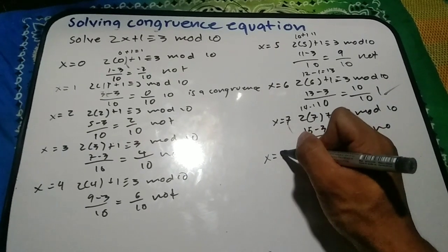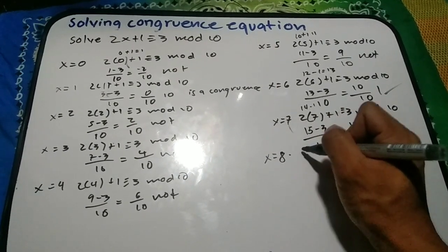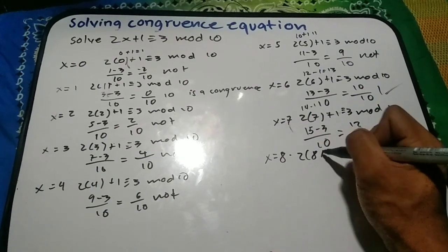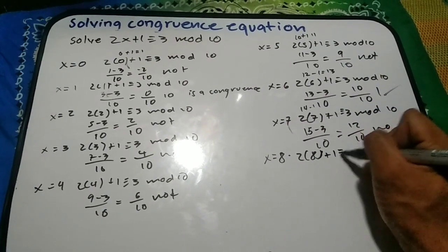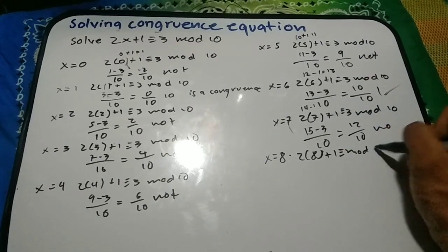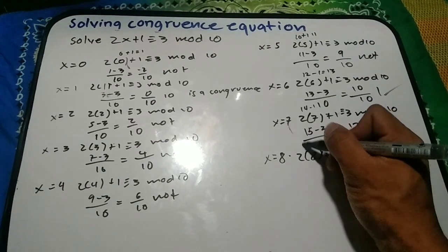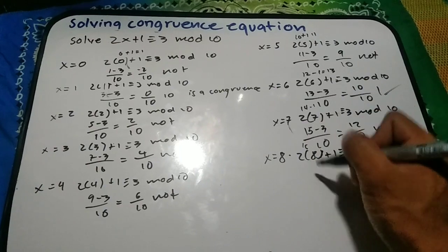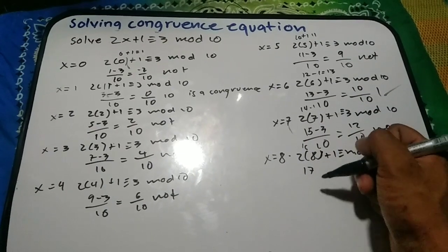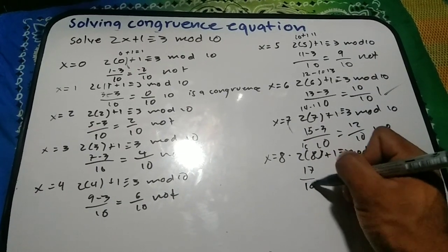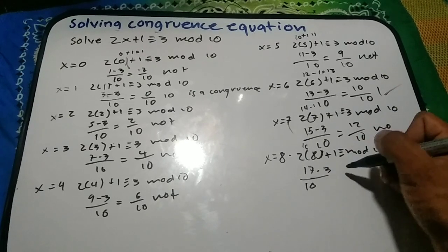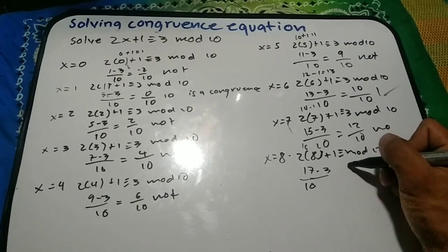If x is equal to 8, 2 times 8 plus 1 congruent to 3 mod 10. 2 times 8 is 16, plus 1 is 17, minus 3 is 14.